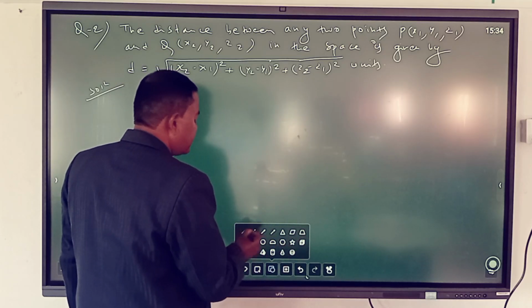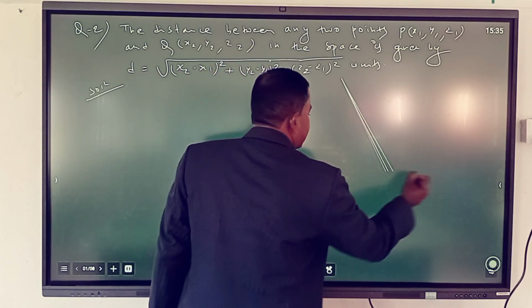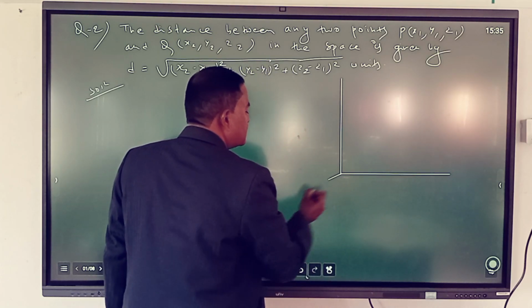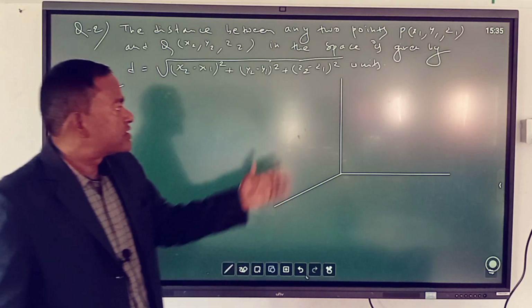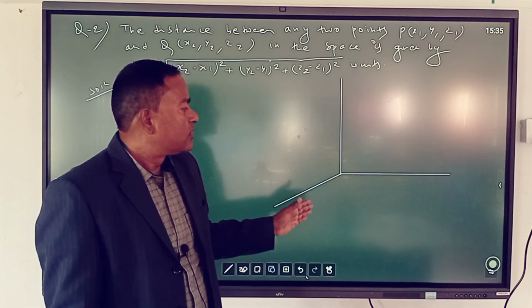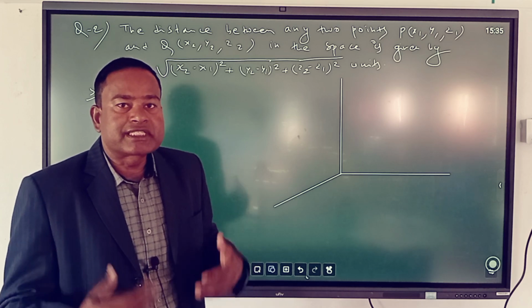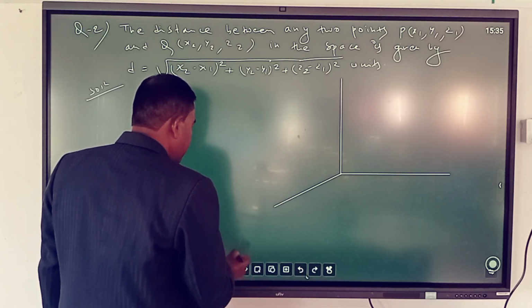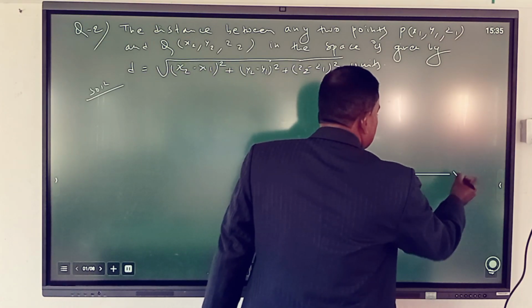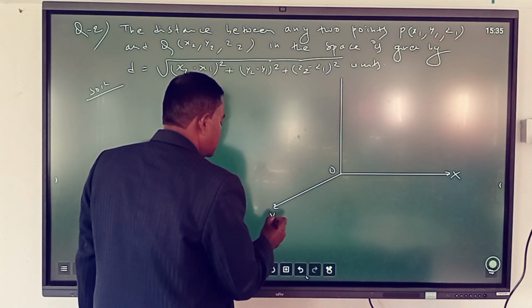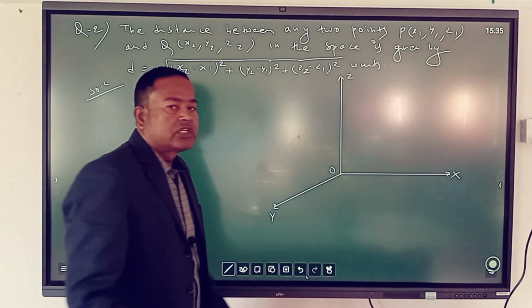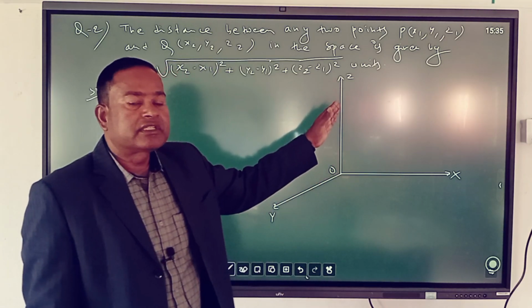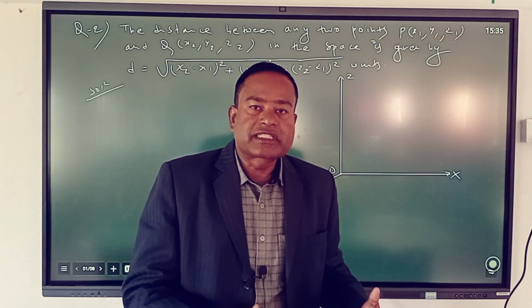Let us draw three mutually perpendicular lines OX, OY and OZ, which are also known as x-axis, y-axis and z-axis.